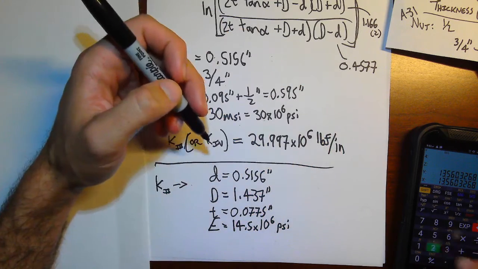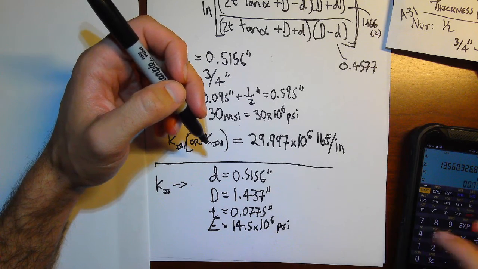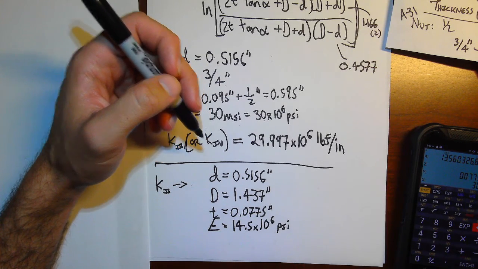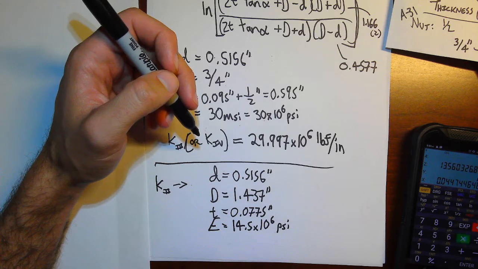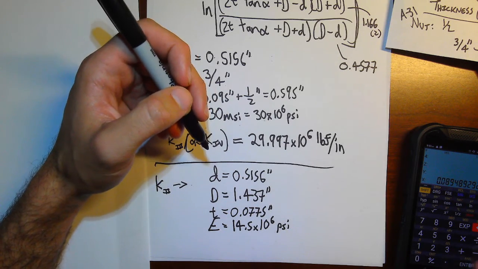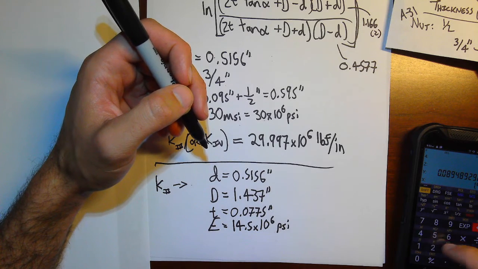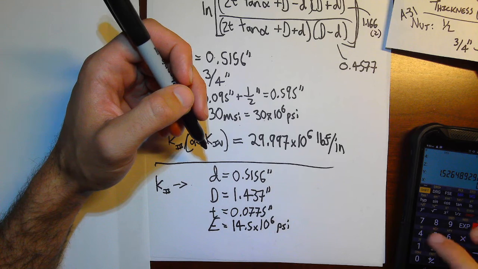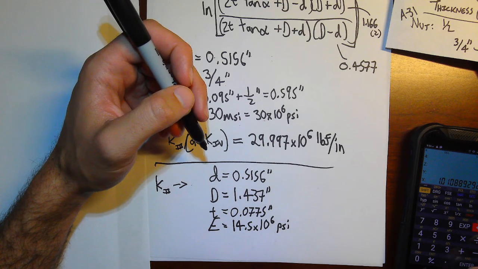And it's 2 times 0.0775 times tangent of 30, plus 1.437 minus 0.5156, and 1.437 plus 0.5156.